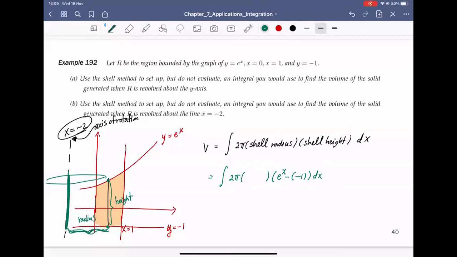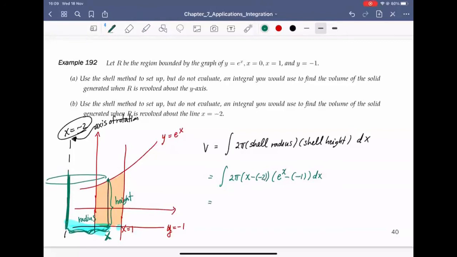But your radius here, before you had just the x value here to 0, right? The one that I highlighted in light blue. But now you keep going out to x equal to -2. This is actually your radius. So that means your radius is going to be x minus -2, which is x plus 2.